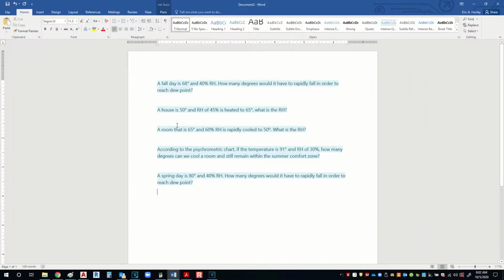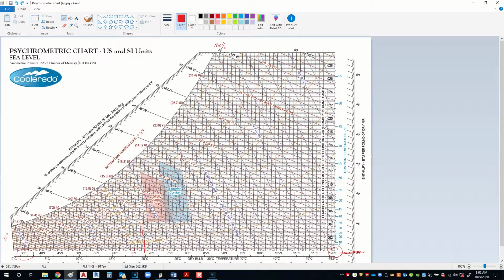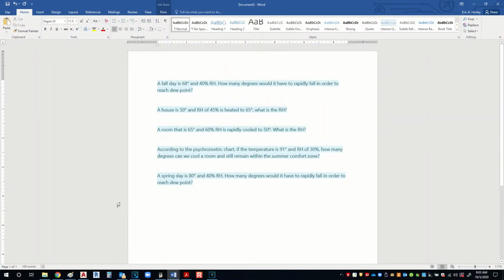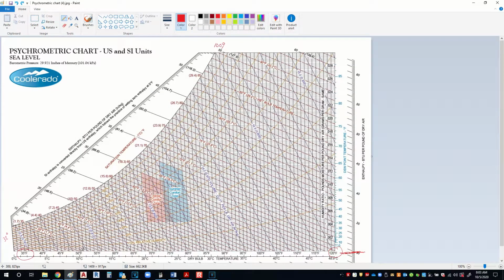Next question. A house is 50 degrees and the relative humidity is 45%. It is heated to 65. What would be the relative humidity then? We need to start at 50 degrees. So here is 50 degrees. There we go.